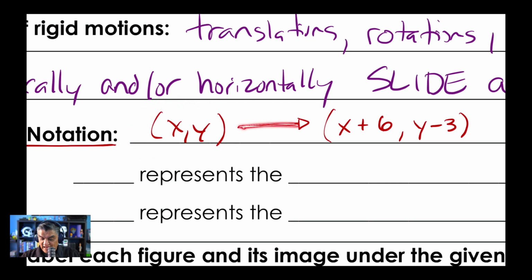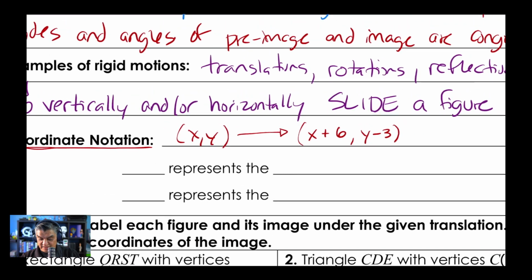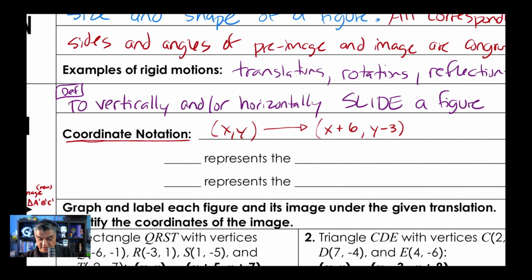This is saying how it moved. The x went up by 6 and all the y's went down by 3. Does that make sense?